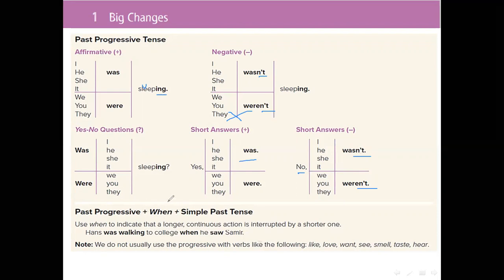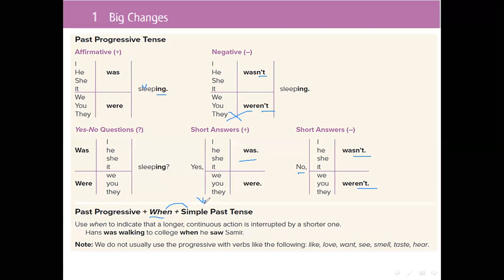What about the when rule? Use when to indicate a longer continuous action is interrupted by a shorter one. For example, Hans was walking to college when he saw Samir. Was walking to college, it's the longer action. Then, when he saw Samir, this action interrupted what he was doing. So the rule of when is that it's followed by past simple tense.